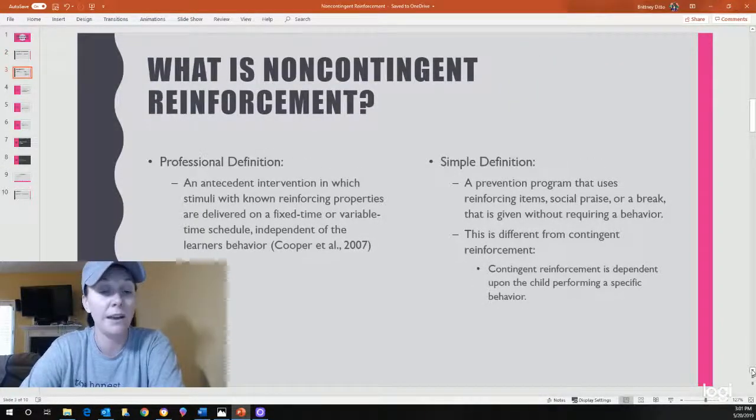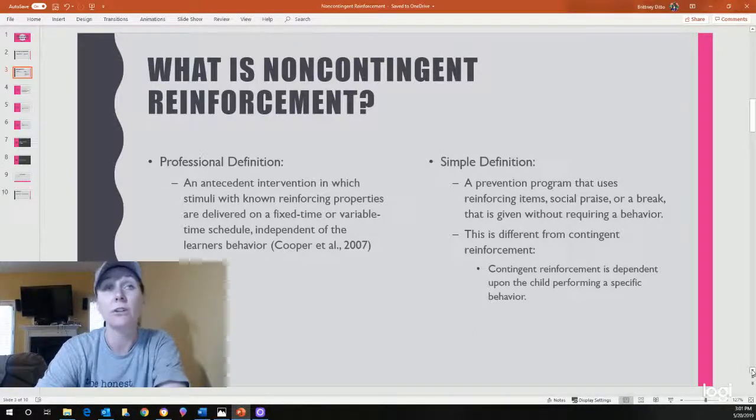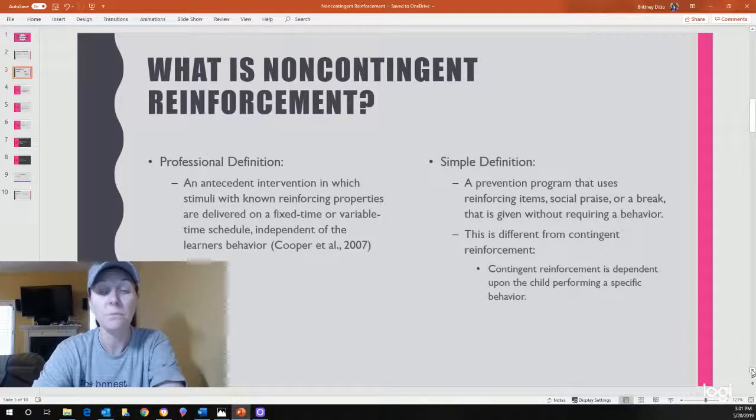So the professional definition, it's going to be one of those crazy definitions again, guys. It's an antecedent intervention in which stimuli with known reinforcing properties are delivered on a fixed time or variable time schedule, independent of the learner's behavior.